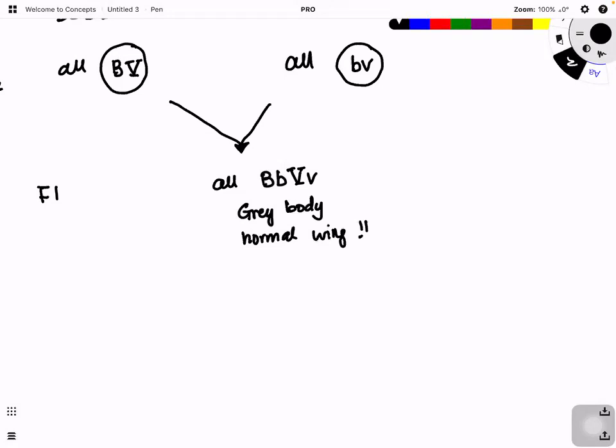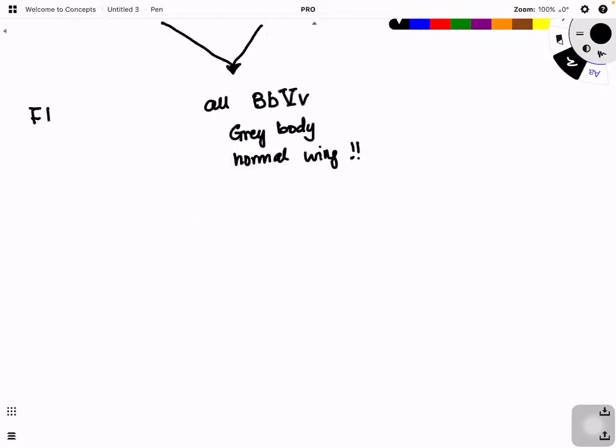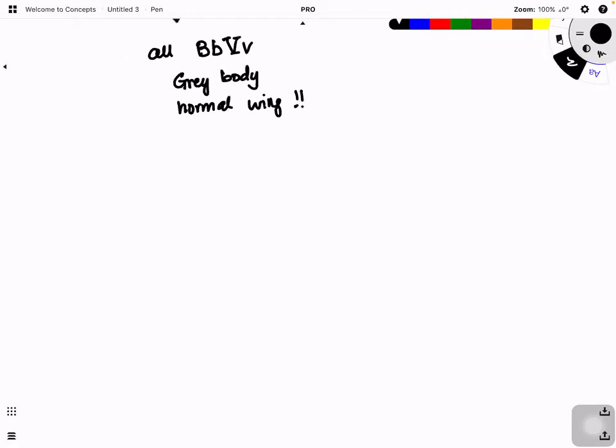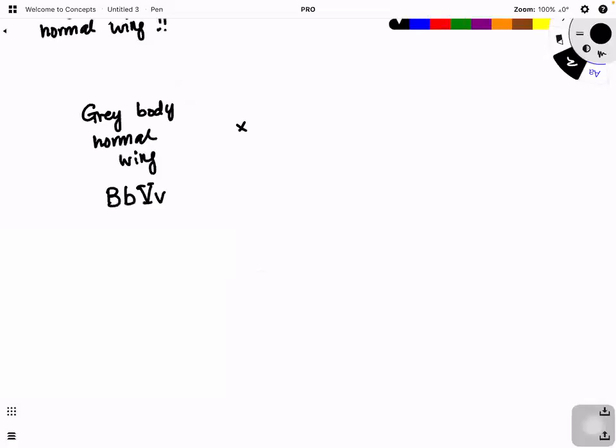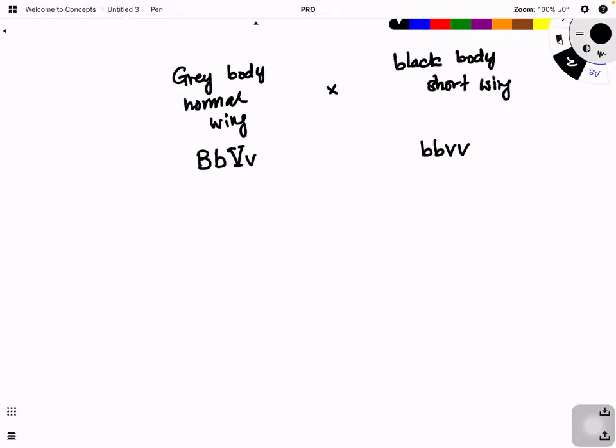No issues. But if I cross gray body, normal wing, okay, so big B, small b, big V, small v, with a black body again, short wing, which will have small b, small b, small v, small v. So according to the dihybrid cross, if independent assortment takes place, you can see what my gamete genotypes are.